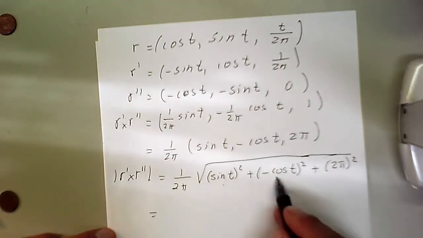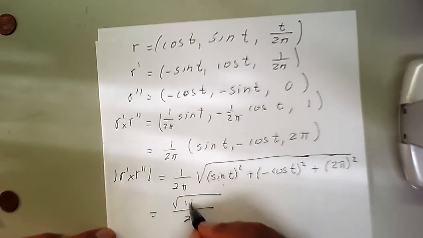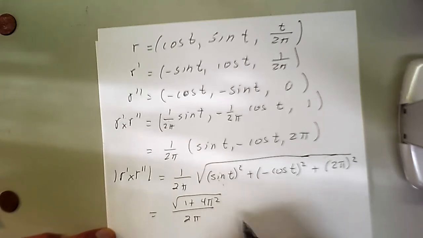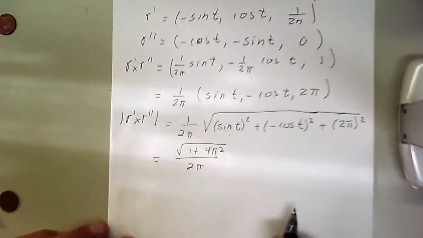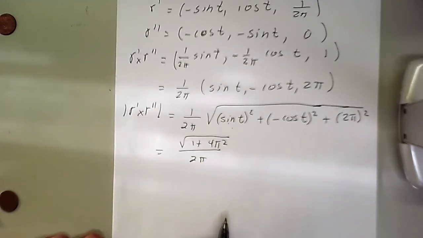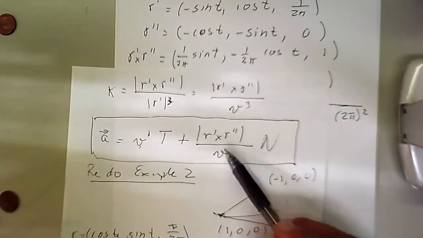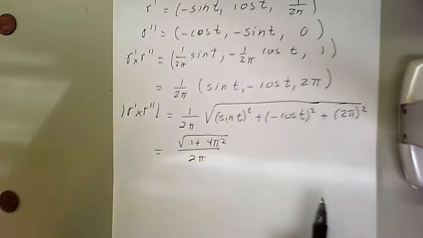So that adds up to 1 plus 4 pi squared. So we end up with 2 pi in the denominator, the square root of 1 plus 4 pi squared. Okay, so that is this product. The speed is what we need to divide by to obtain the normal component of the acceleration.